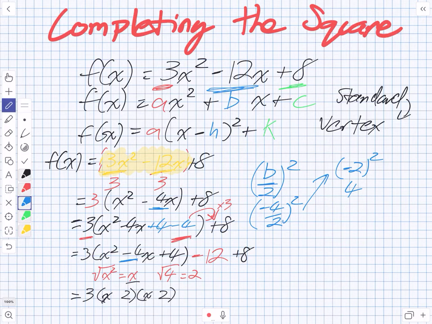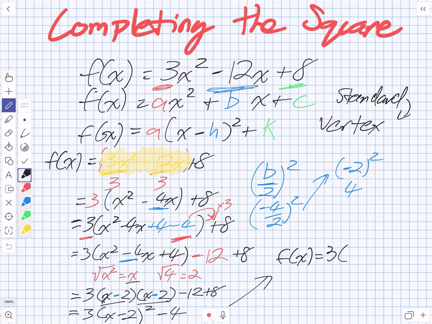So that negative 4, because it's a negative, I make these both negative. Just be aware of that. On the outside, recall that we still had negative 12 and positive 8. Because these are the same two factors, we can just write 3 times (x minus 2) squared. And negative 12 and 8 is going to be negative 4. So our vertex form, or f of x, is equal to 3(x minus 2) squared minus 4.